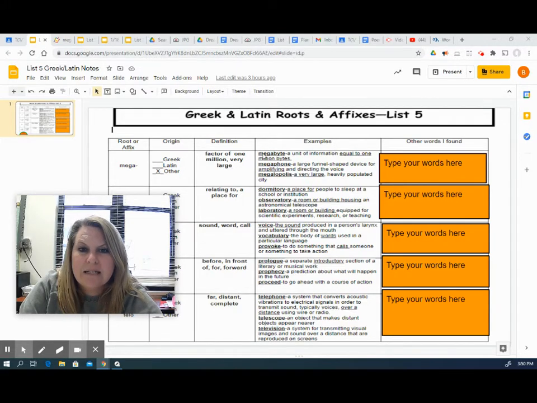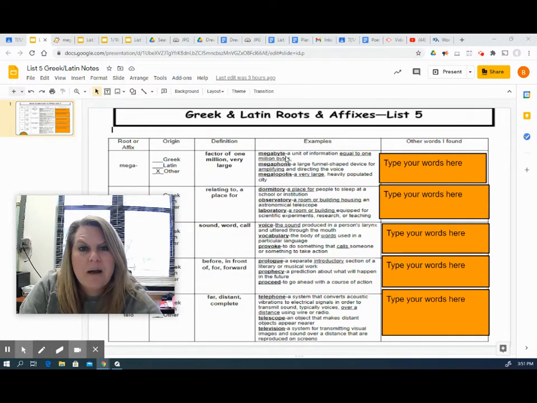So when we look at these example words, we see the letter combination M-E-G-A in all three of these words, but that is not enough to know that it contains the affix. We have to look at the definition of the word to make sure that the definition of this root appears there in that definition somewhere.